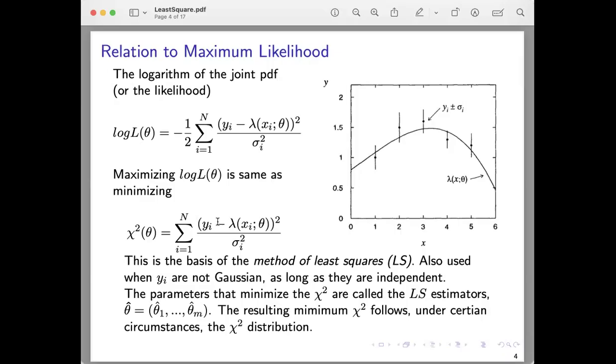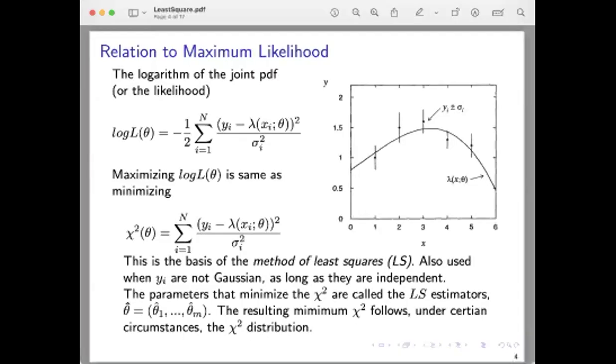The estimators obtained from this chi-square method are called LS estimators, like we had earlier ML estimators. And the resulting minimum chi-square, in certain circumstances, follows the chi-square distribution.